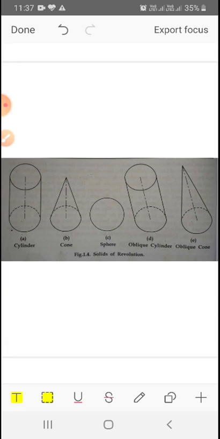So let us discuss solids of revolution. In the solids of revolution, let us discuss what a cone is.